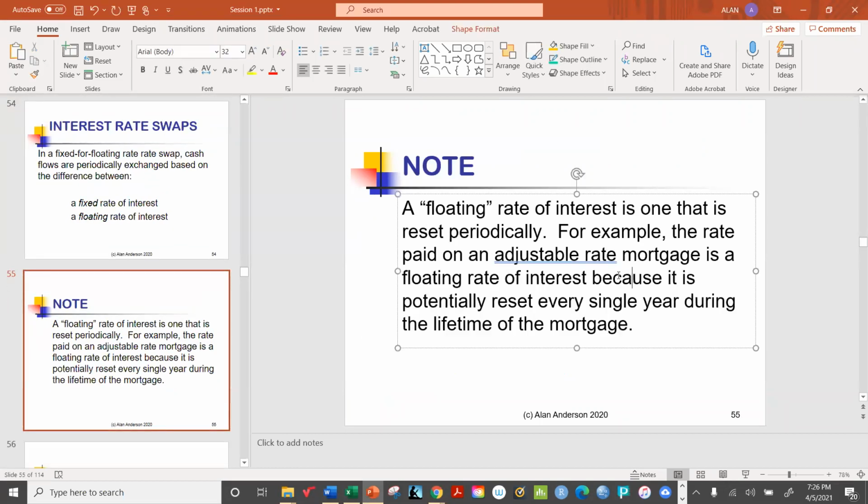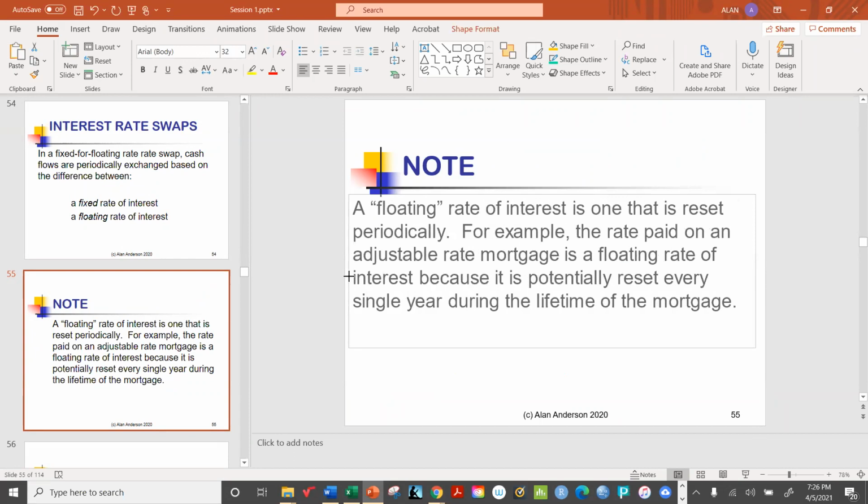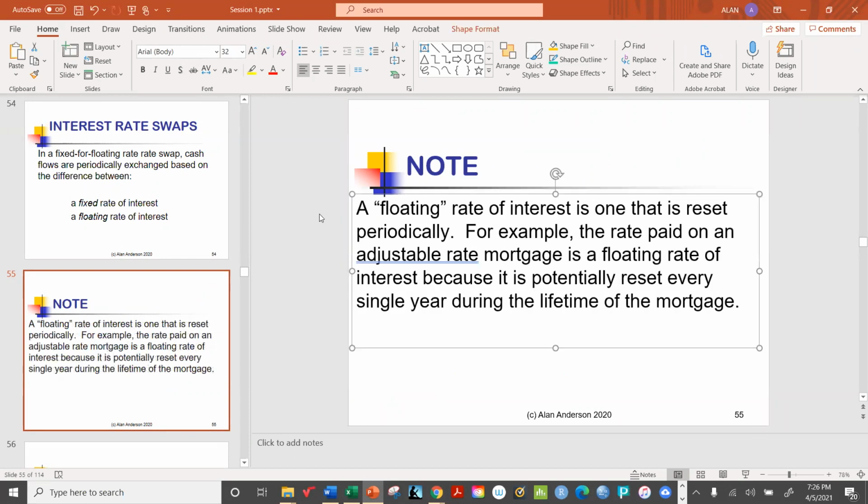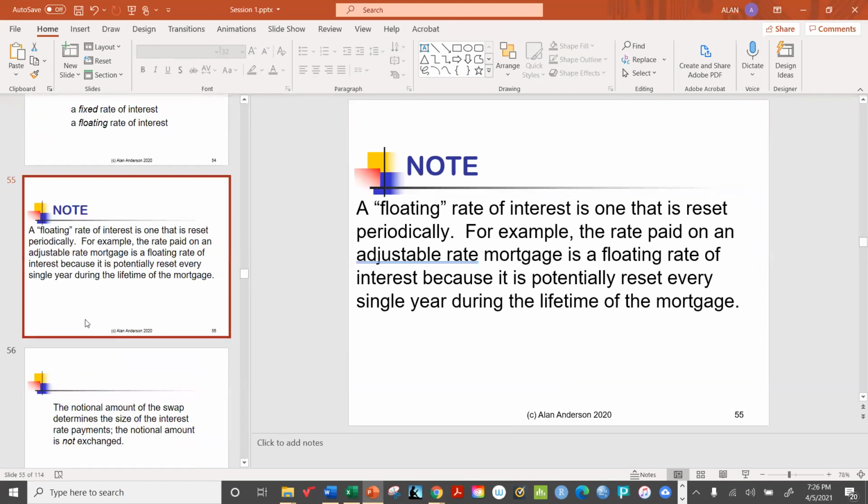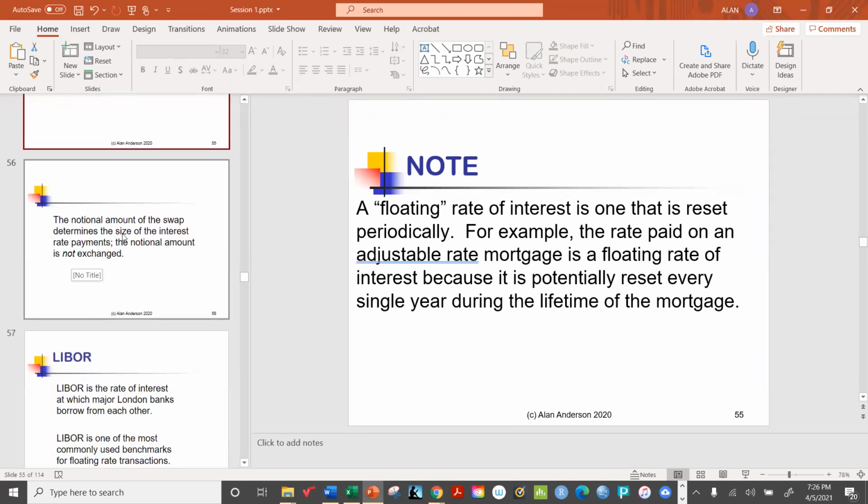I think that's something everybody's familiar with. So there do exist securities in the market where the interest rate that they pay is in fact floating.